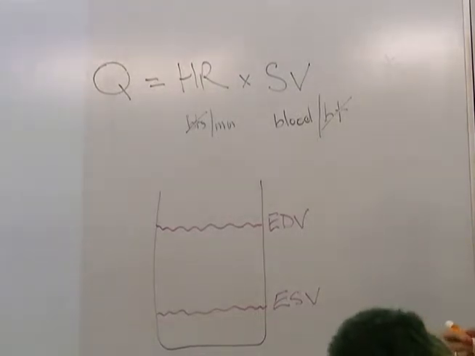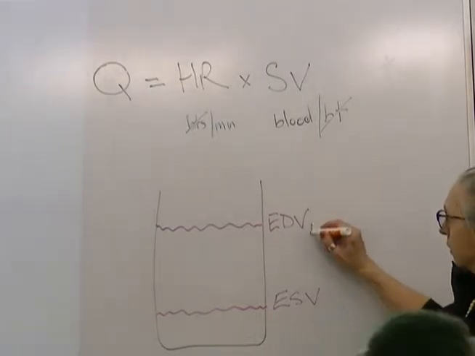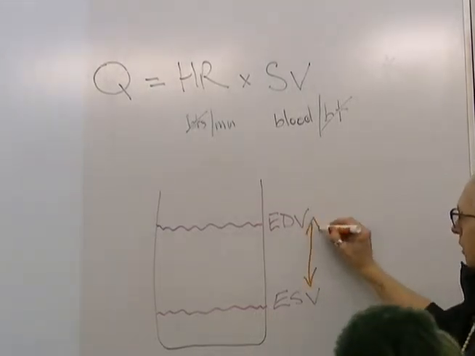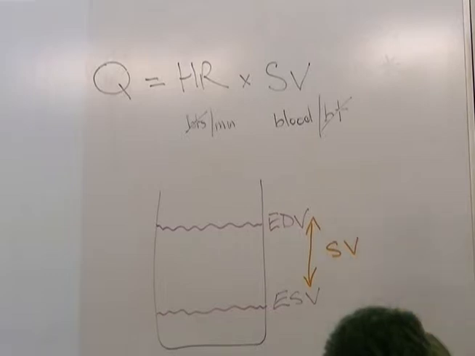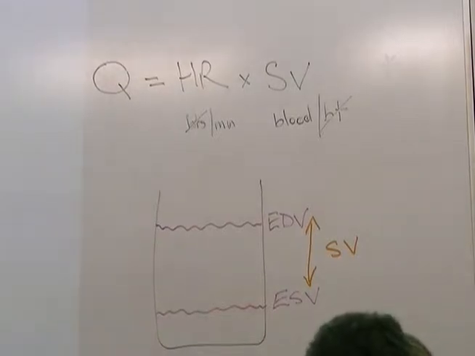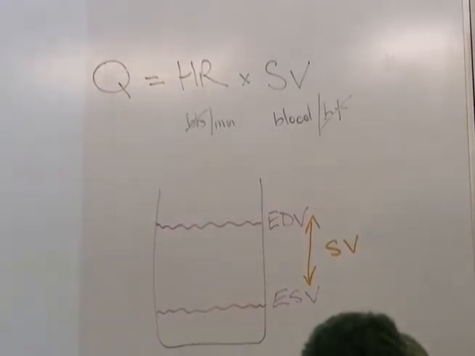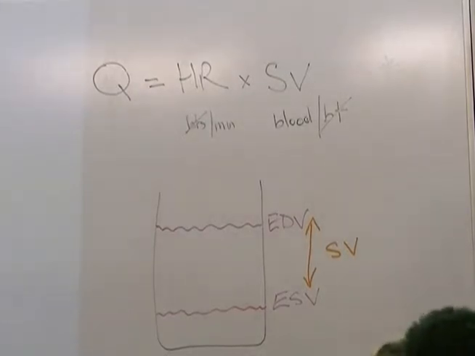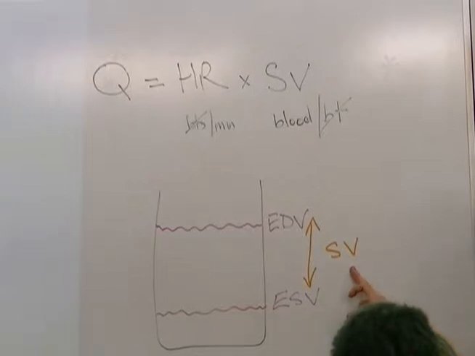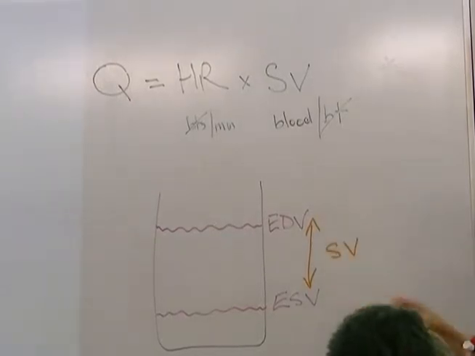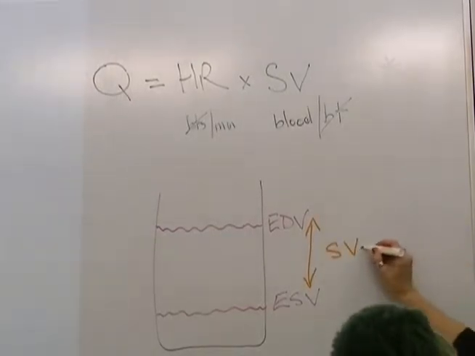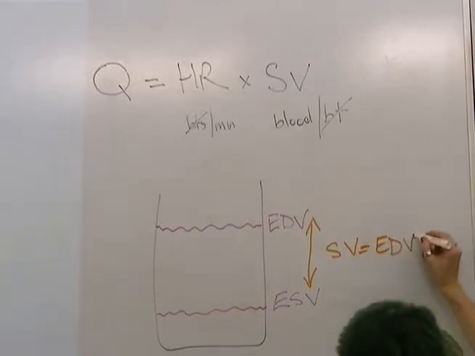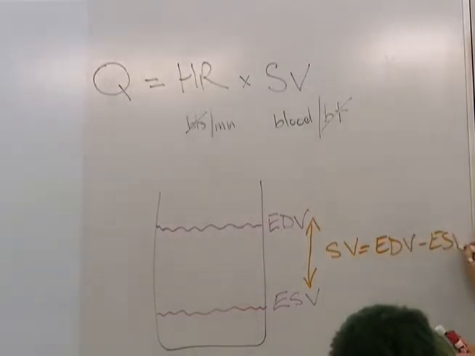So stroke volume is just end diastolic volume minus end systolic volume. You said SV is what? Stroke volume. But like what's the equation? Oh, EDV minus ESV. So you could say stroke volume equals EDV minus ESV.